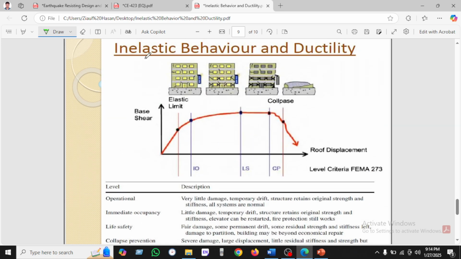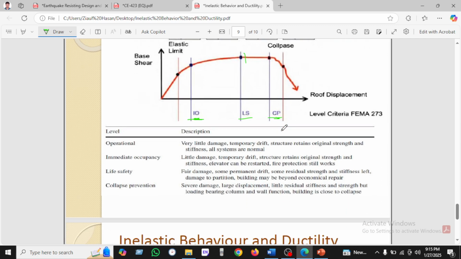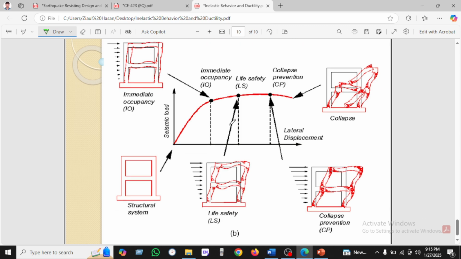If we go to the inelastic behavior of a building, this is the elastic limit, this is IO, which is immediate occupancy, this is LS, which is life safety, and CP, the collapse prevention. So all three parameters are given here.